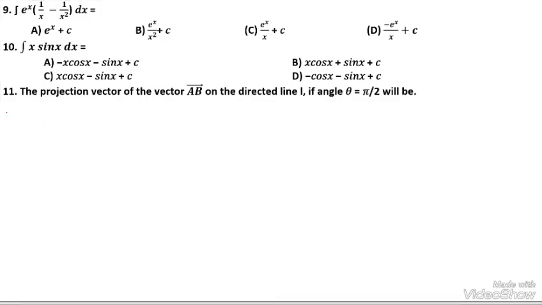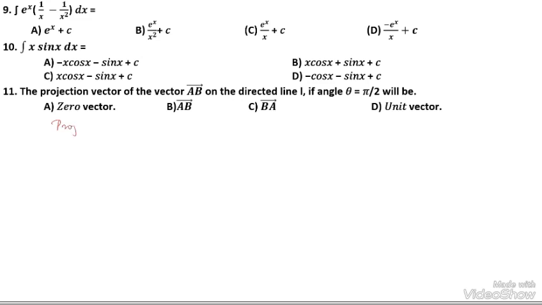Okay, let's consider the next problem. That is question number 11. The projection vector of the vector AB on the directed line L, if angle theta is equal to pi by 2, will be. Okay. Here, first we have to consider the definition of projection vector.